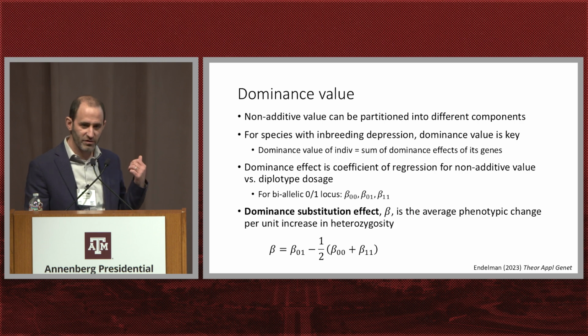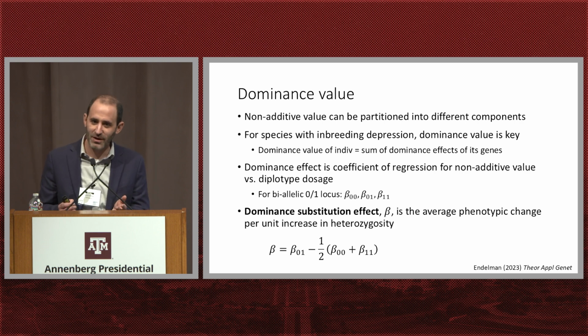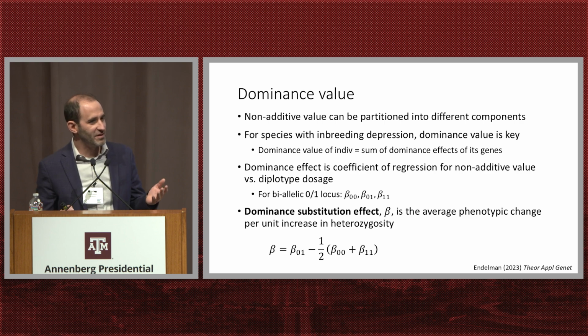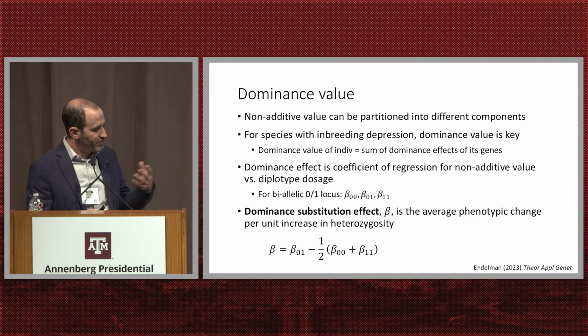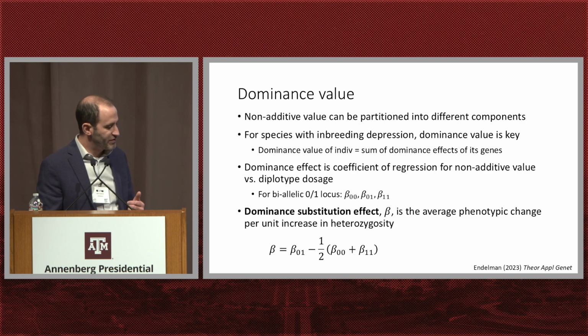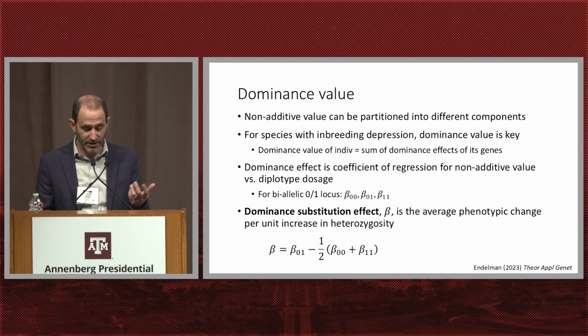That's what that equation looks like. It looks like a mid-parent heterosis calculation for anyone who has seen that, and that's the mathematical analog, but now instead of talking about parents, we're talking about combinations of genes, so diplotypes. And you can put it in words: it's the average phenotypic change per unit increase in heterozygosity.